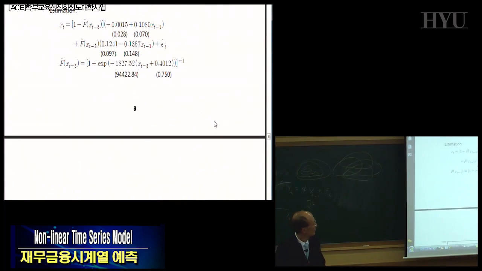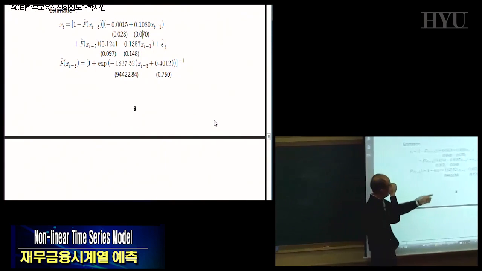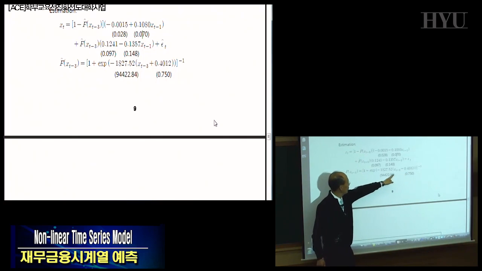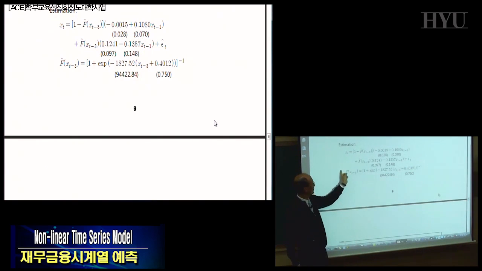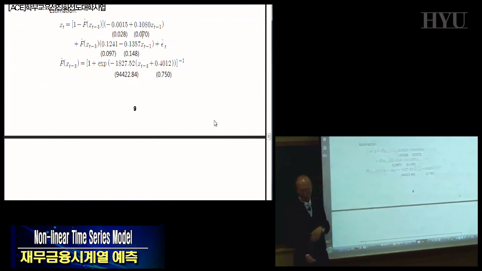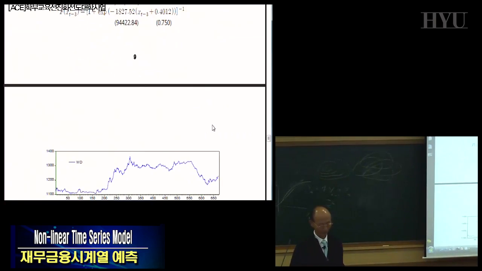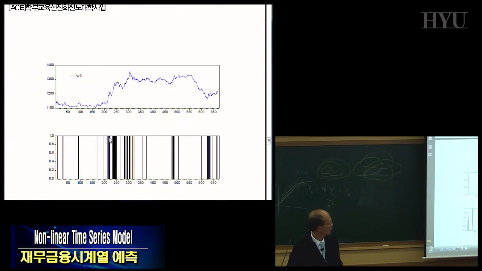Suppose these are significant numbers, and you have this x_{t-3}, so you can calculate this one over time, right? Which is bounded from 0 to 1. This is function f.